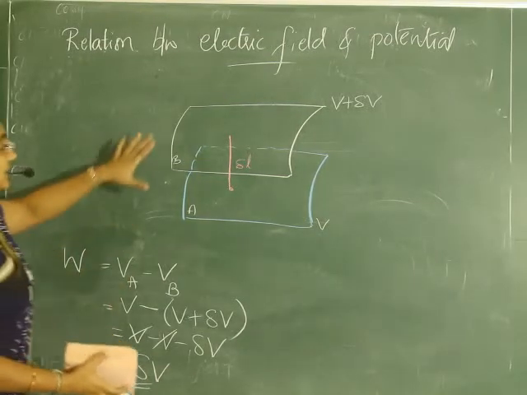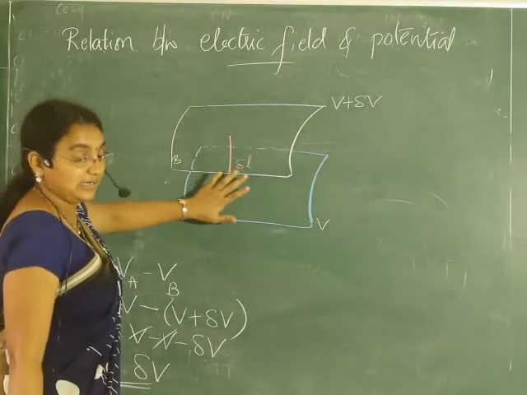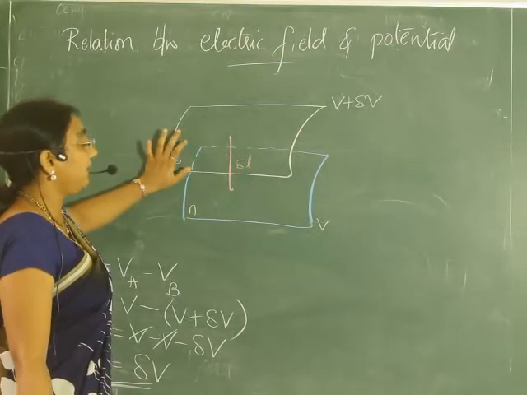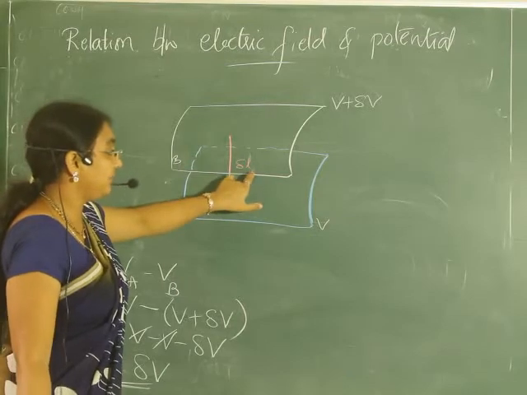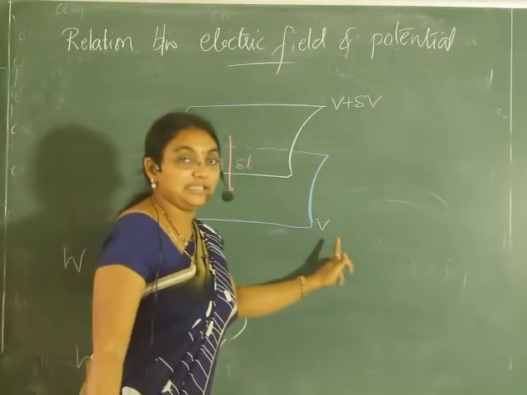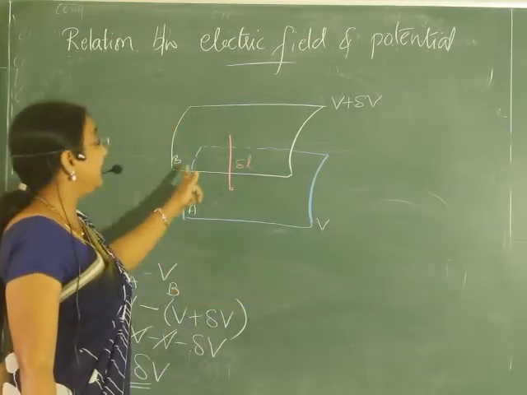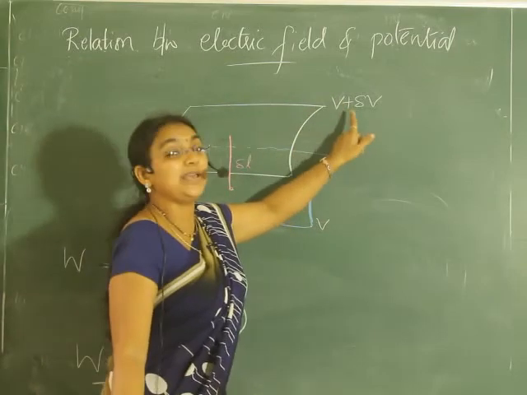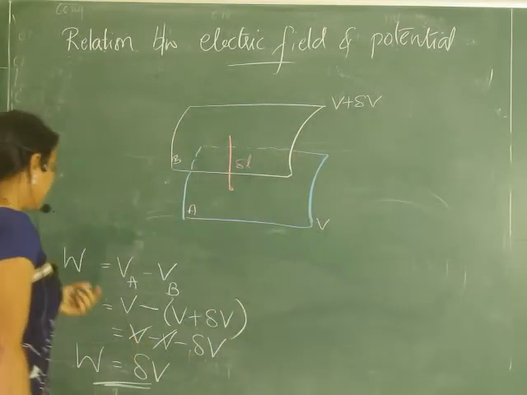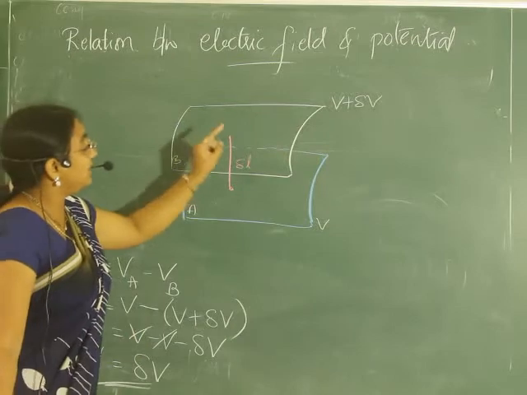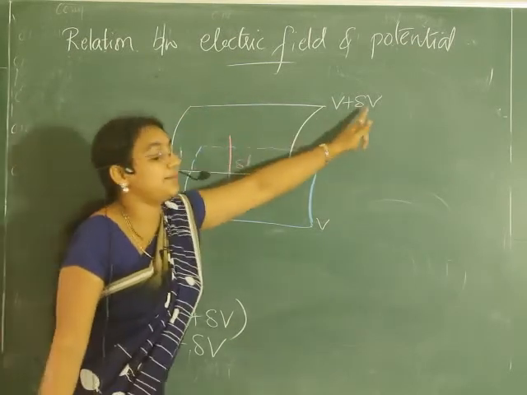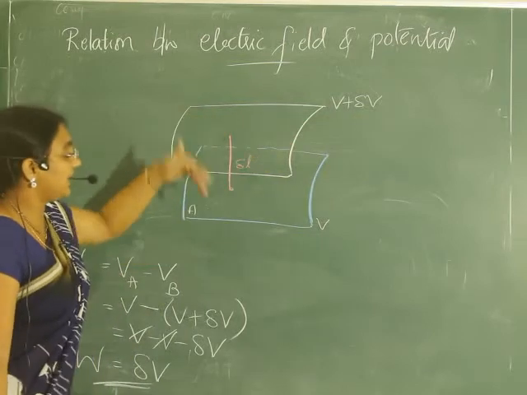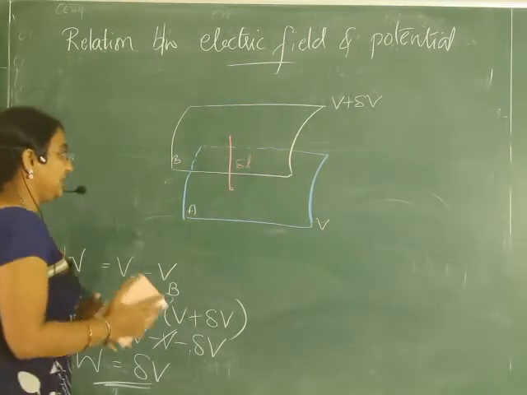What we have considered: two conductors, A and B, separated by the distance delta L. A has the potential V, B has the potential V plus delta V. Let the charge move from B to A, because B has higher potential, that is, from higher potential to lower potential.